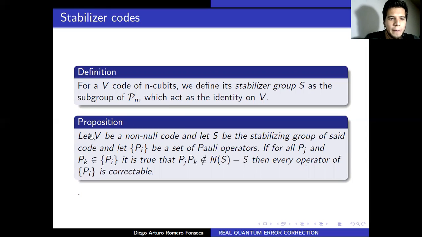We take a subspace V and we consider the stabilizer S. So S acts like the identity on V, which means that V is contained in the eigenspace of S where S acts like the identity. Thus, we have that for a set of errors whose double products belong to S or do not belong to the normalizer, then we say that V will be correctable, will be a quantum error correcting code.